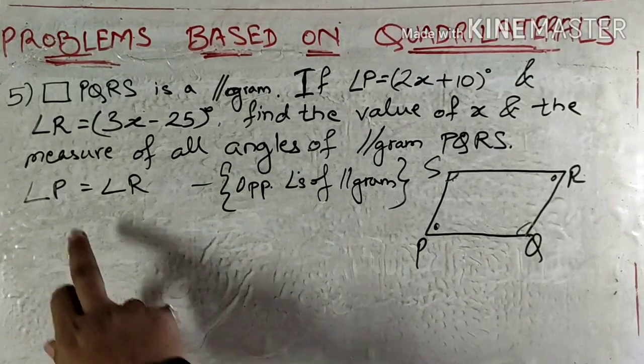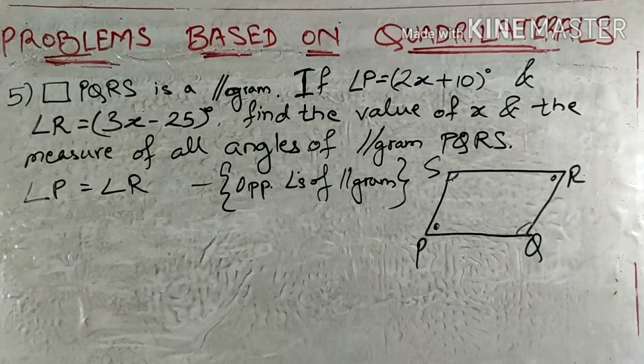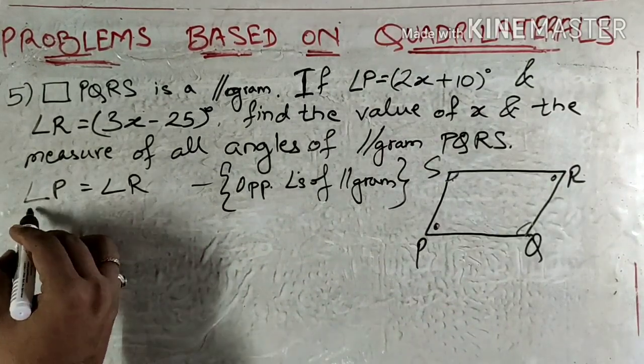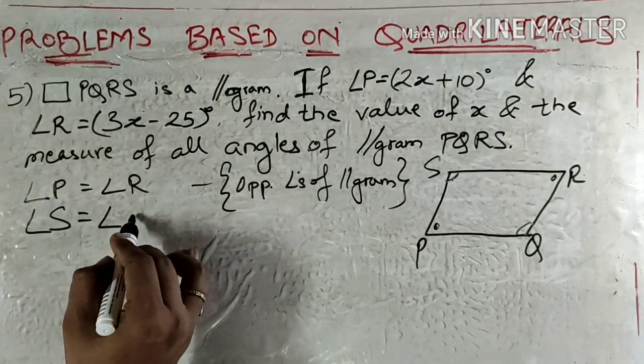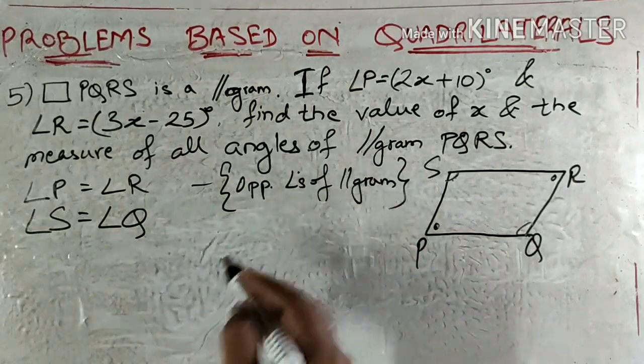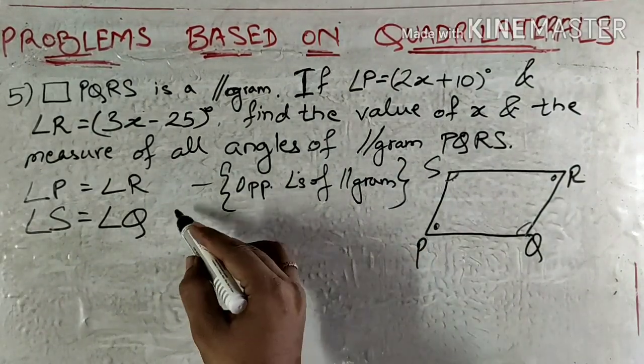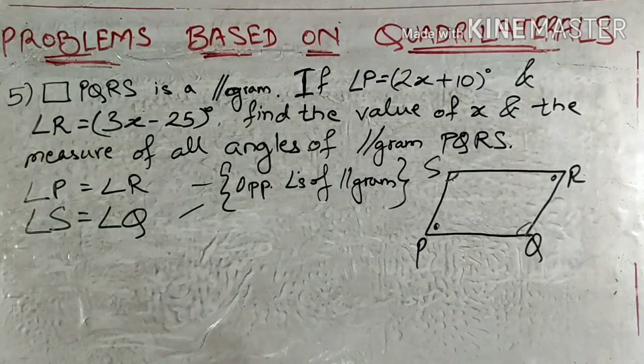So since we know this, that angle P is equal to angle R and angle S is equal to angle Q, because opposite angles of parallelogram are equal. We have already found that x is equal to 35.